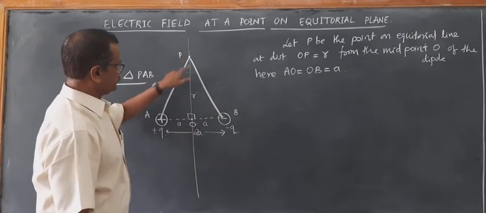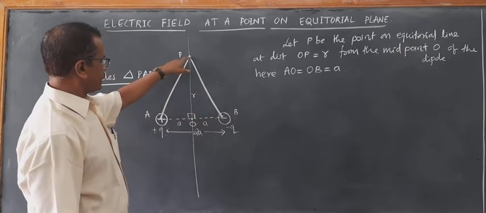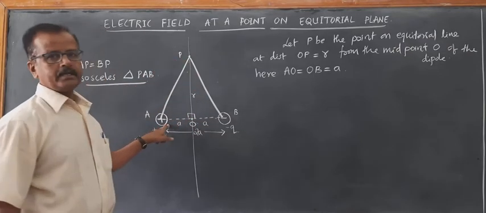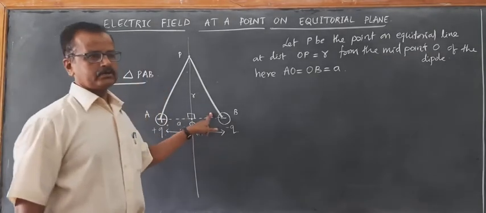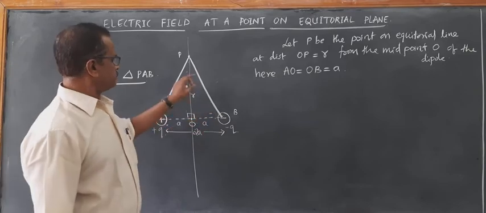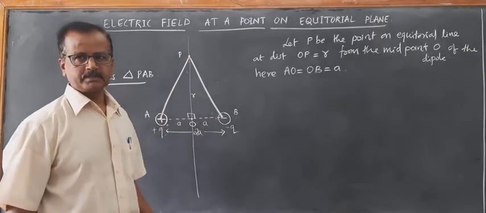Then if you look at the triangles POB and POA, they are right angle triangles. So applying the Pythagoras theorem, I can find the length PB and the length PA respectively.